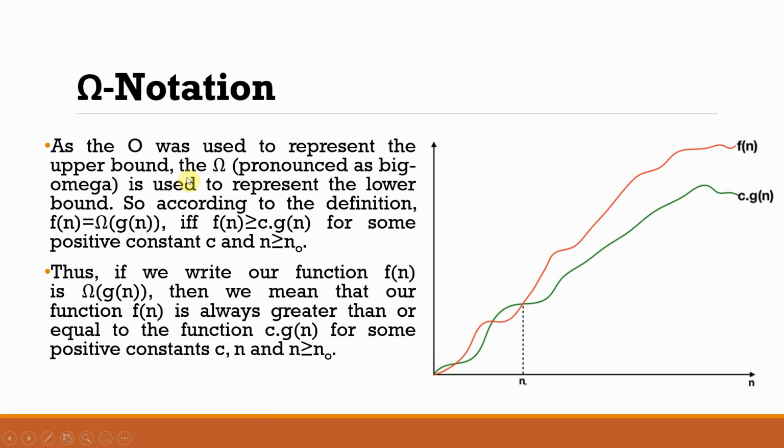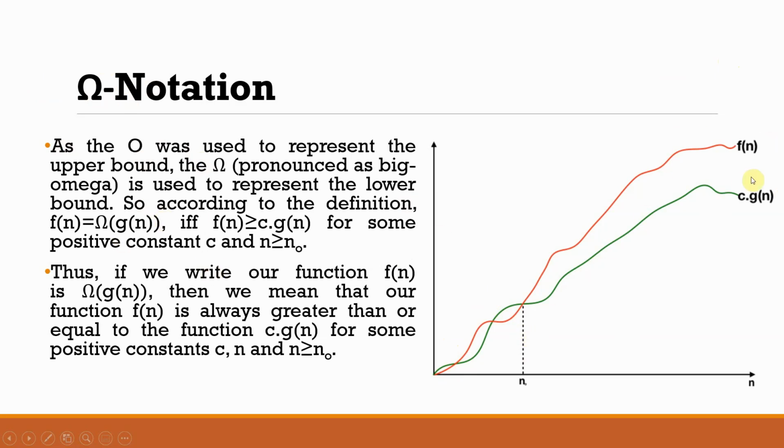The other two notations, I want you to just know them and hear them. We don't use them in our course, but it's very good to know, especially if you choose to do computer science. The big O notation was used as the upper bound for our cost function. There is another one, big omega notation, which is used for the lower bound of our cost function.